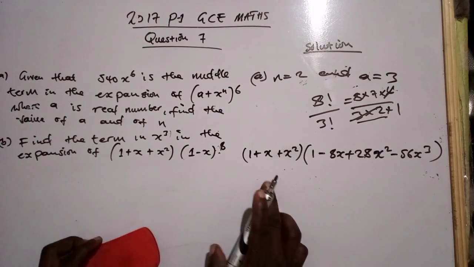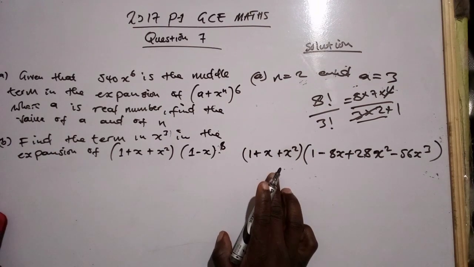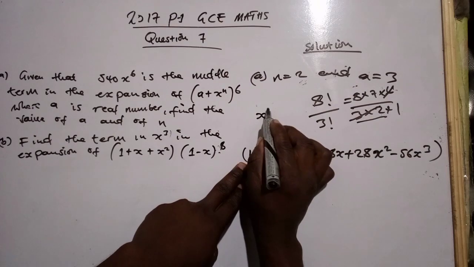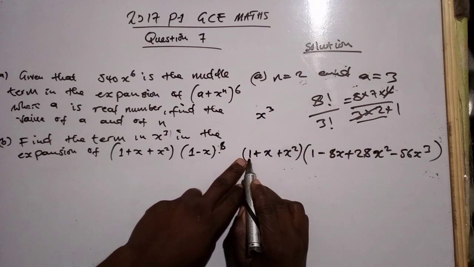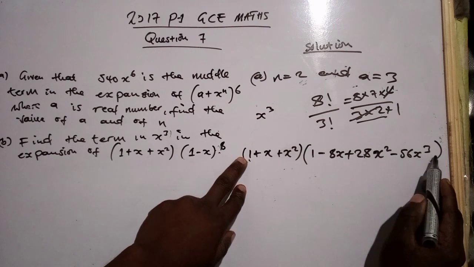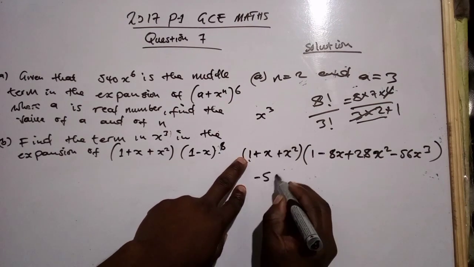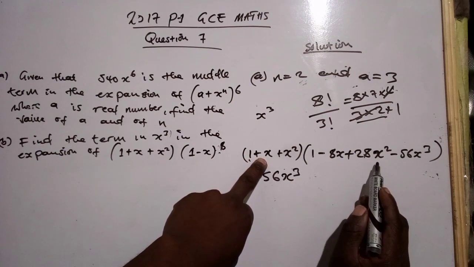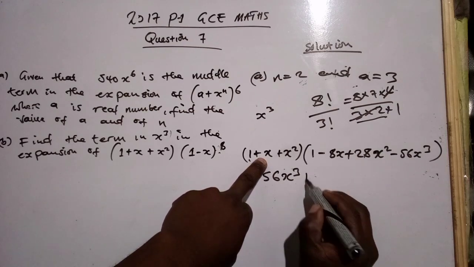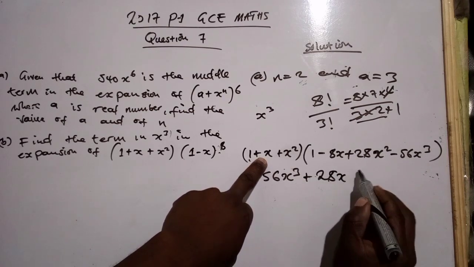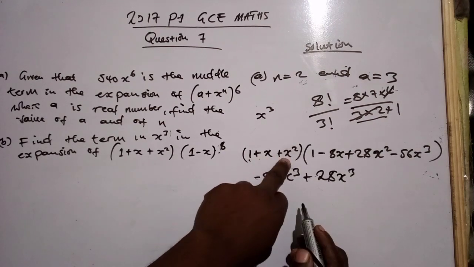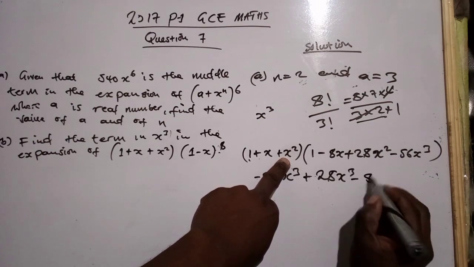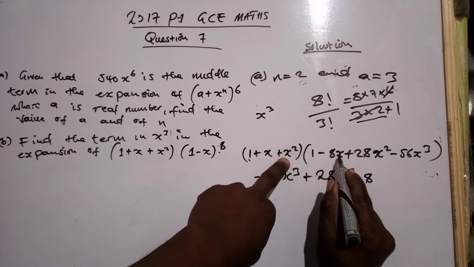The most important thing when you reach here is that you should multiply each number to give you x power 3. So if you multiply 1 times the minus 56x cubed, you're going to have minus 56x cubed. Then here x, you're going to multiply with 28. You're going to have plus 28x cubed, right? Then x squared multiplied by minus 8x, you're going to have minus 8x cubed, right?